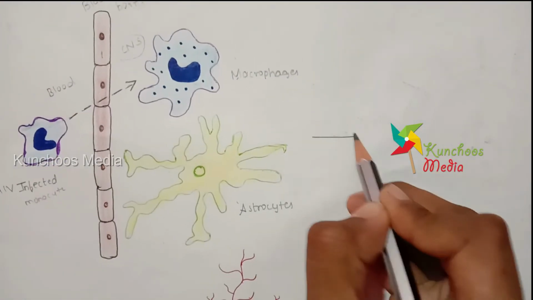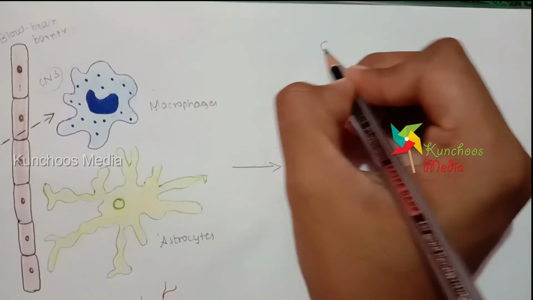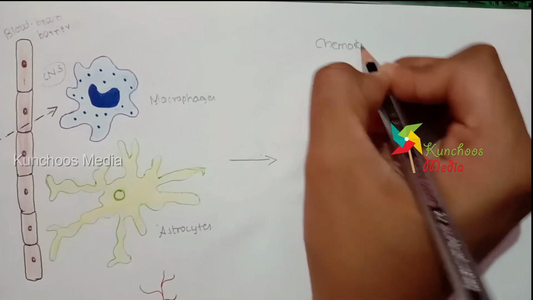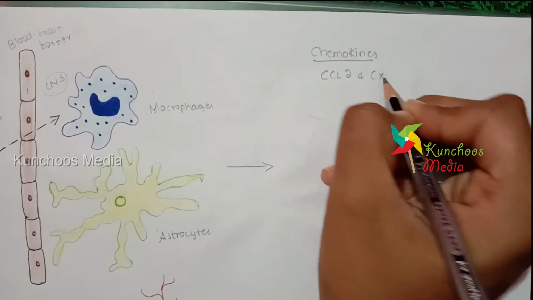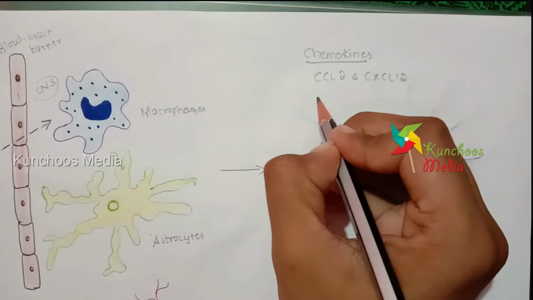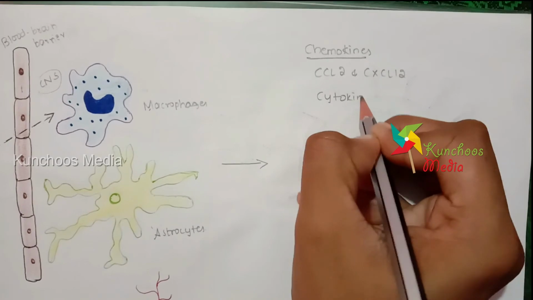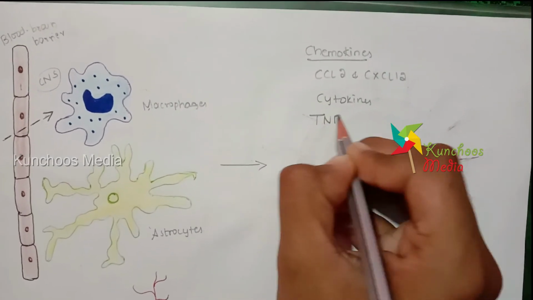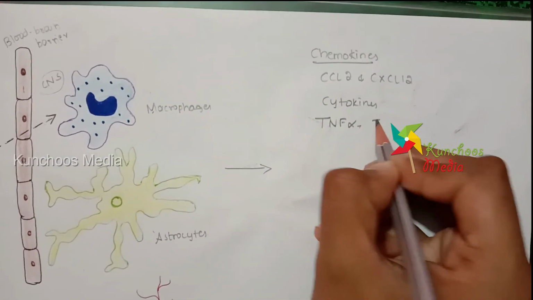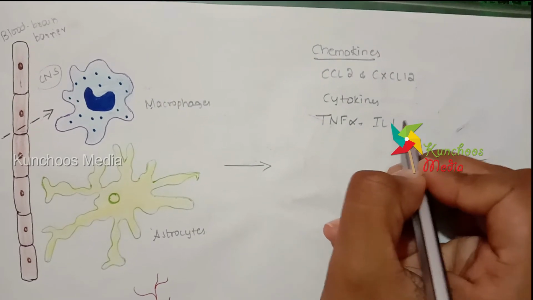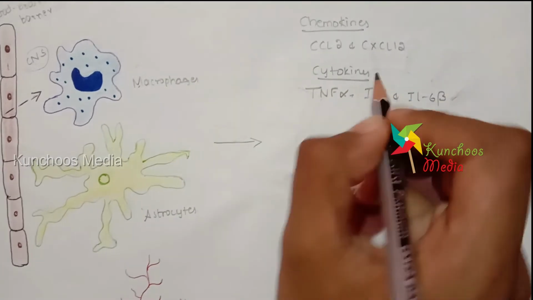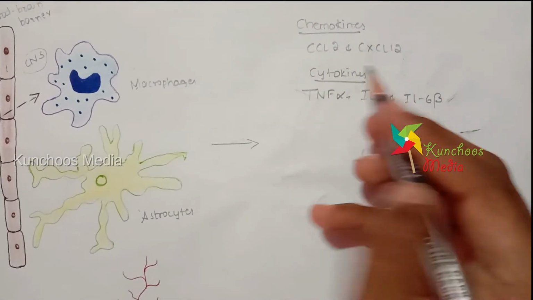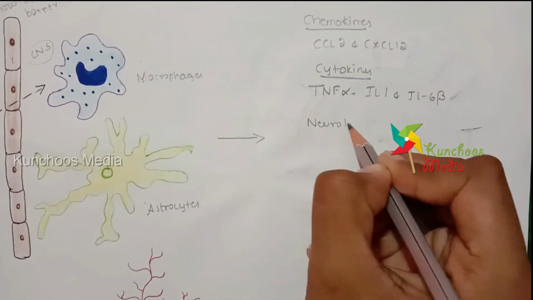This leads to the release of certain factors called chemokines, meaning CCL2 and CXCL12, and cytokines. Cytokines include tumor necrosis factor alpha, interleukin 1 beta and interleukin 6. So it releases chemokines, cytokines and neurotoxic host factors.